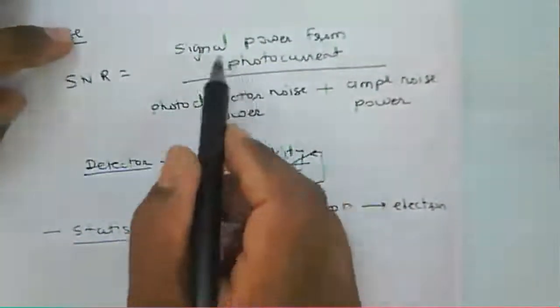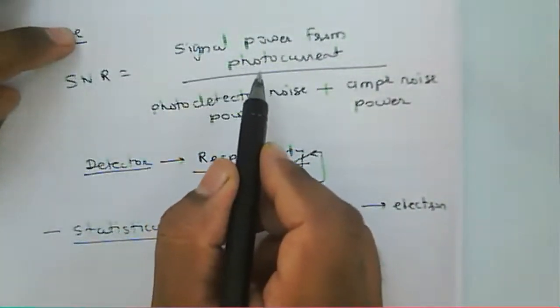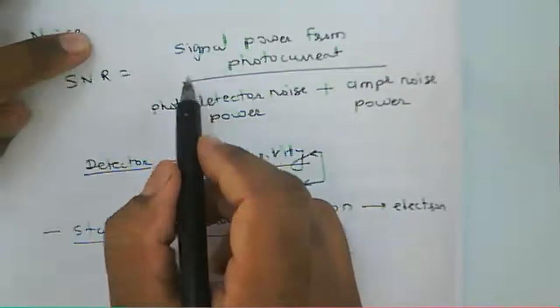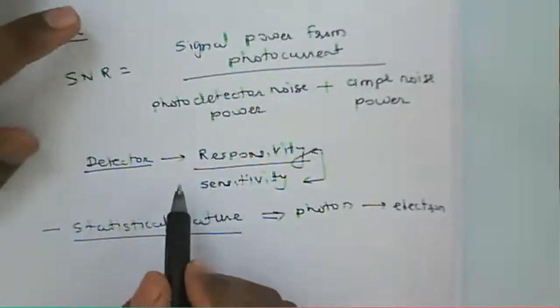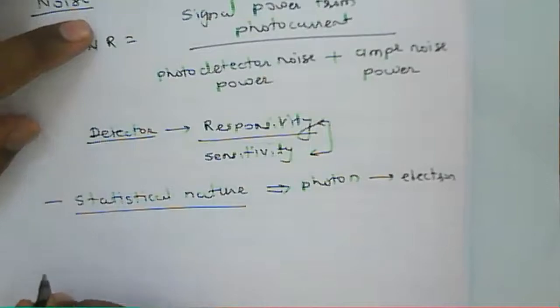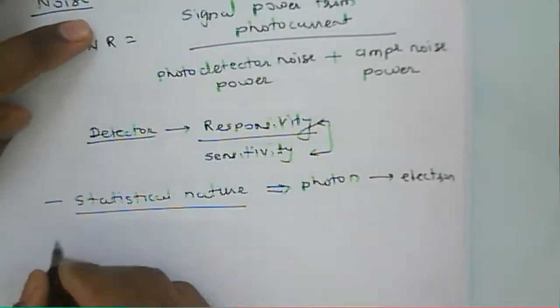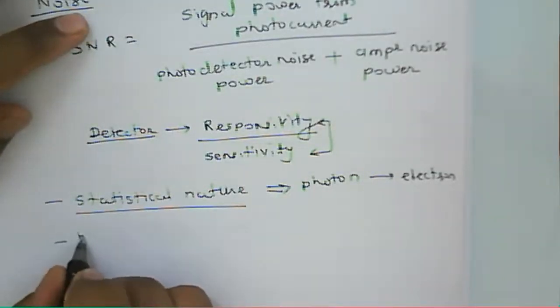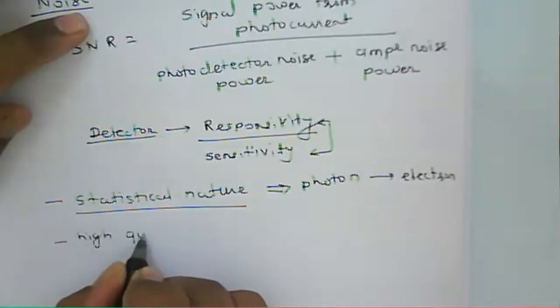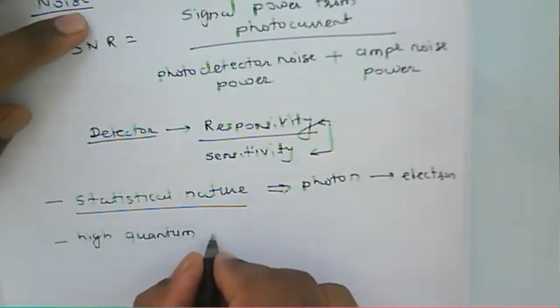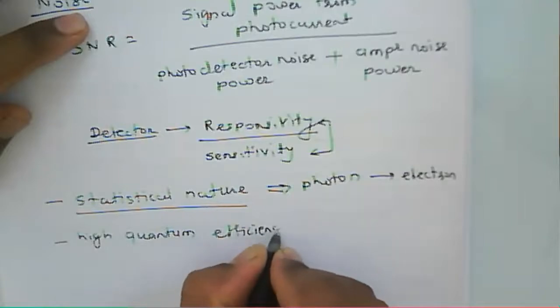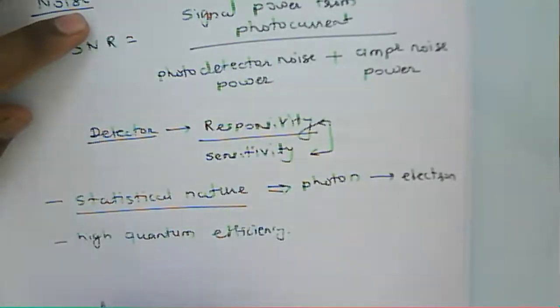To achieve the higher signal to noise ratio, the photo detector should have a high quantum efficiency. So what do you mean by quantum efficiency?